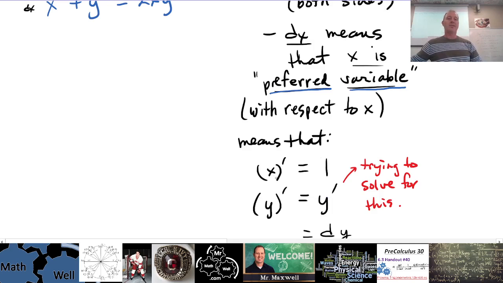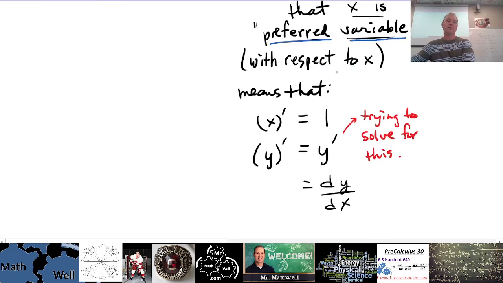The derivative of x is 1 when we are differentiating with respect to x. And this is what we're going to try to solve for when it's all said and done. So we're going to differentiate each term in this big long equation, but we're going to use all of our differentiation rules that we've learned along the way.